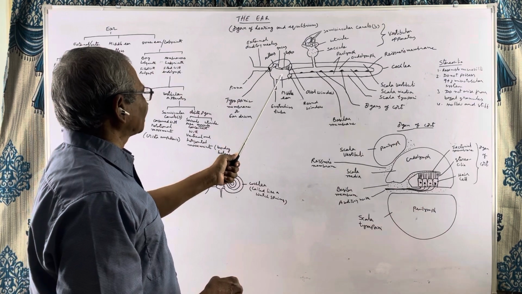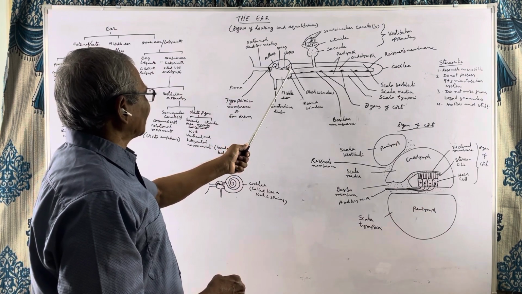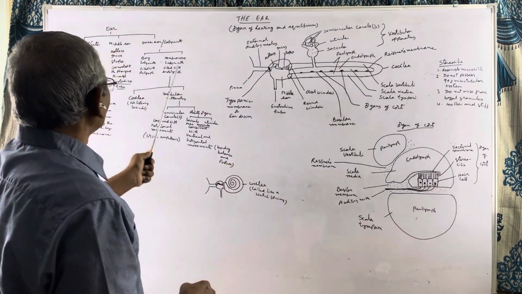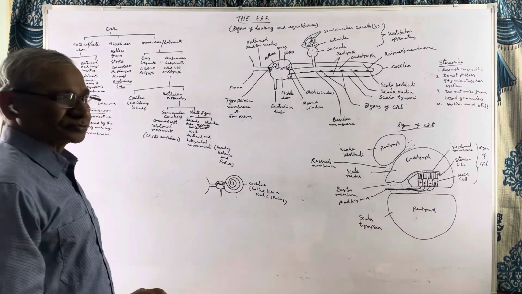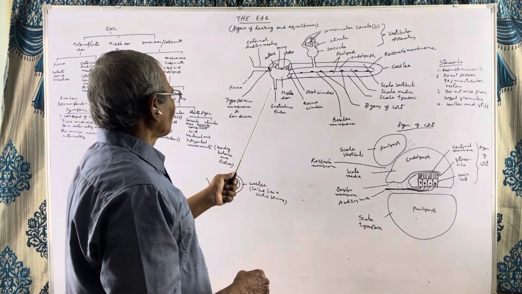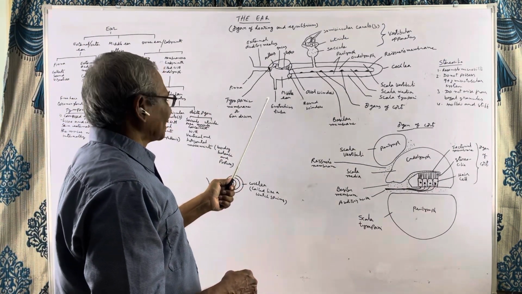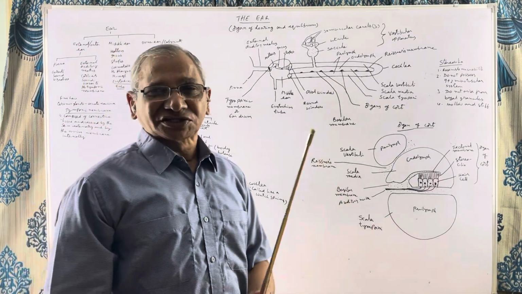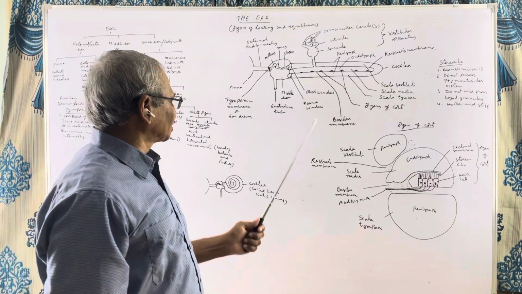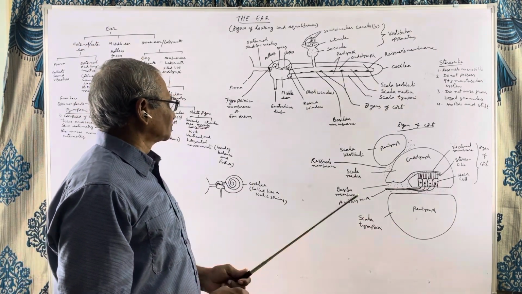Incus is the middle piece, and stapes is attached to the oval window of the inner ear. Then the middle ear is connected to the pharynx through a tube known as Eustachian tube.